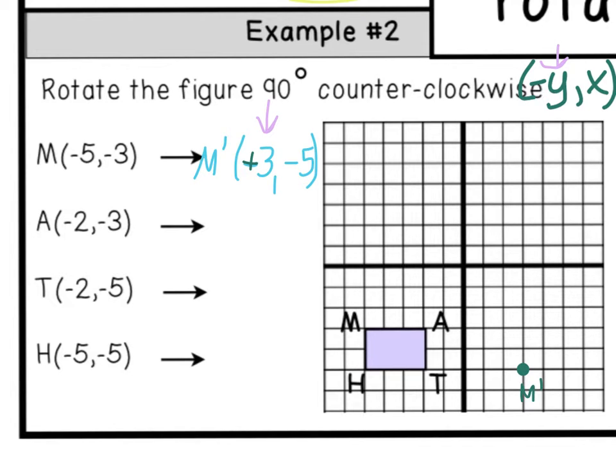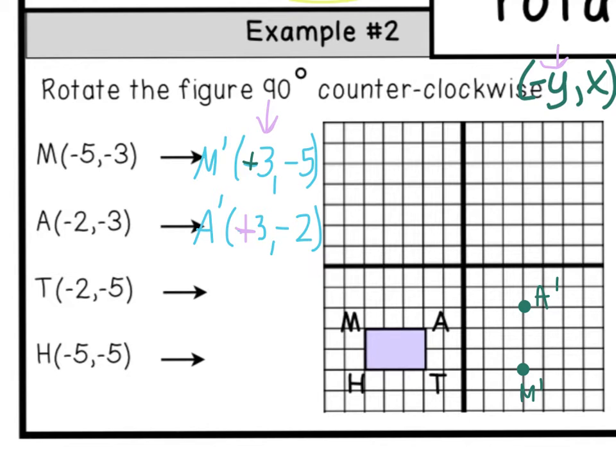Okay, let's keep going. So let's do A prime. So we reversed these, and then our x value here, this becomes the opposite. Okay, so this is going to be positive 3, negative 2. So it's going to be right there, and that's our A prime.